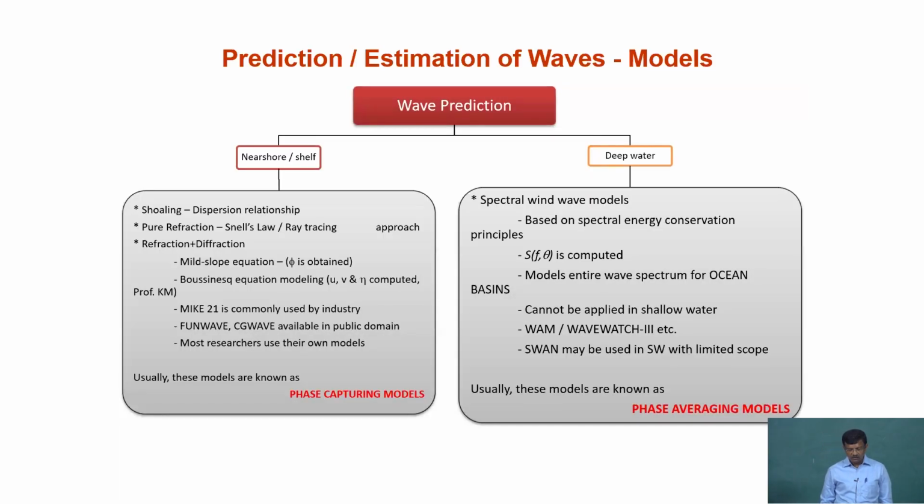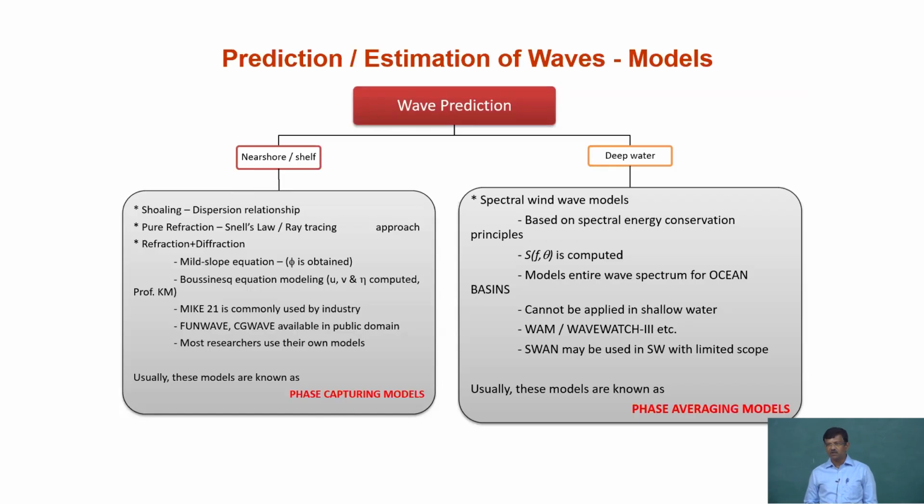And the wave prediction itself, because ocean wave, that is what are called the short waves, we need to predict shoaling, refraction, and if there is diffraction then it is a little more complex. And there are two aspects. One is the phase averaging model and another is the phase resolving model.